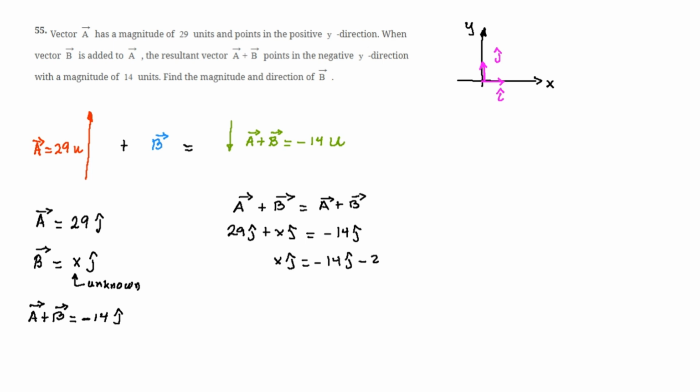So xj is minus 14 minus 29, which is minus 43j. So my vector B is minus 43j, or I can say my vector B is a vector equal to 43 units downward.